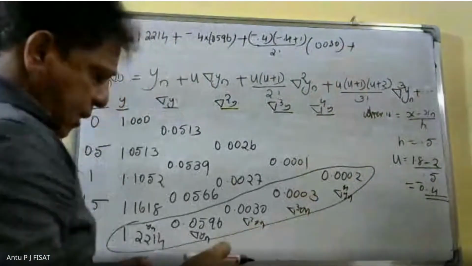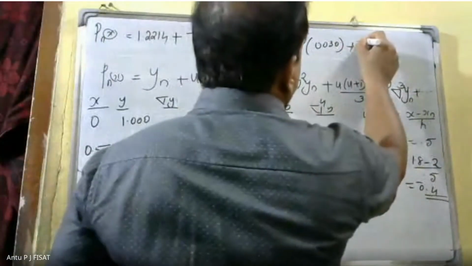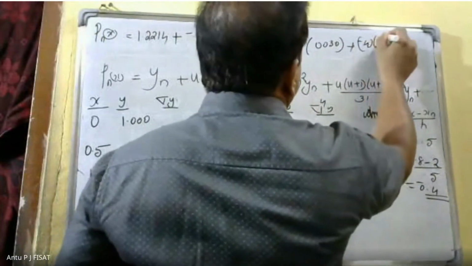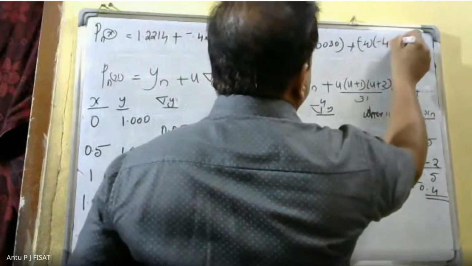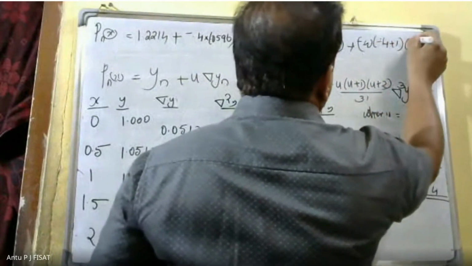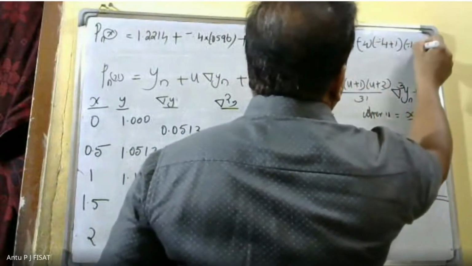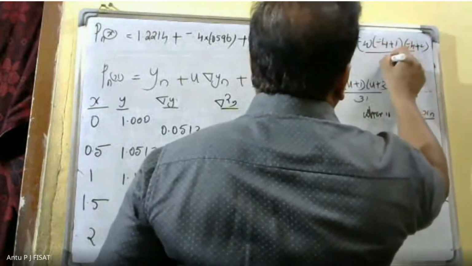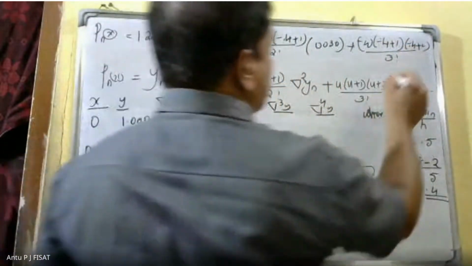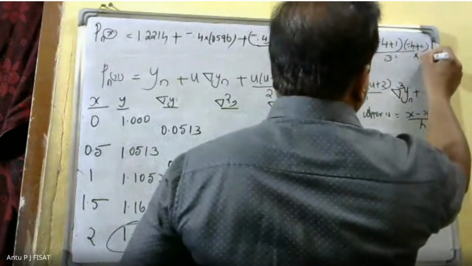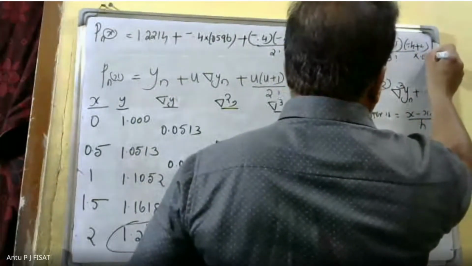Then plus minus 0.4 into minus 0.4 plus 1 into minus 0.4 plus 2 divided by 3 factorial into 0.0003.